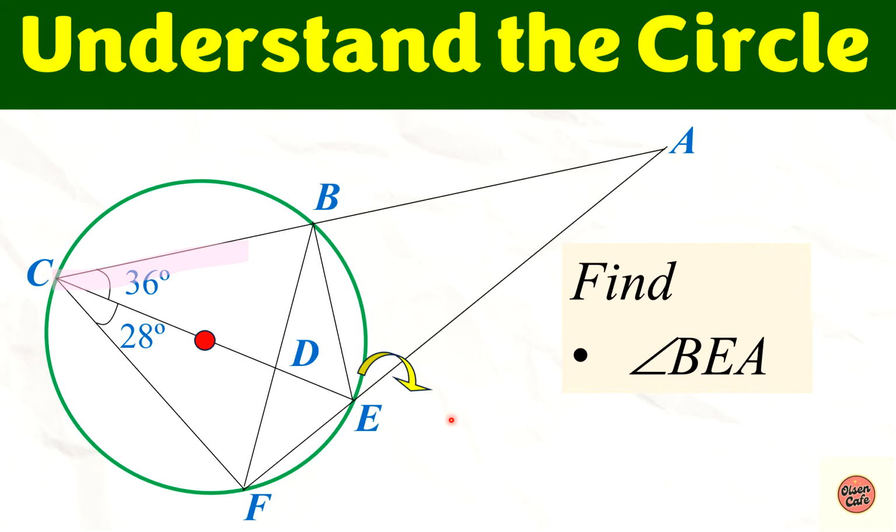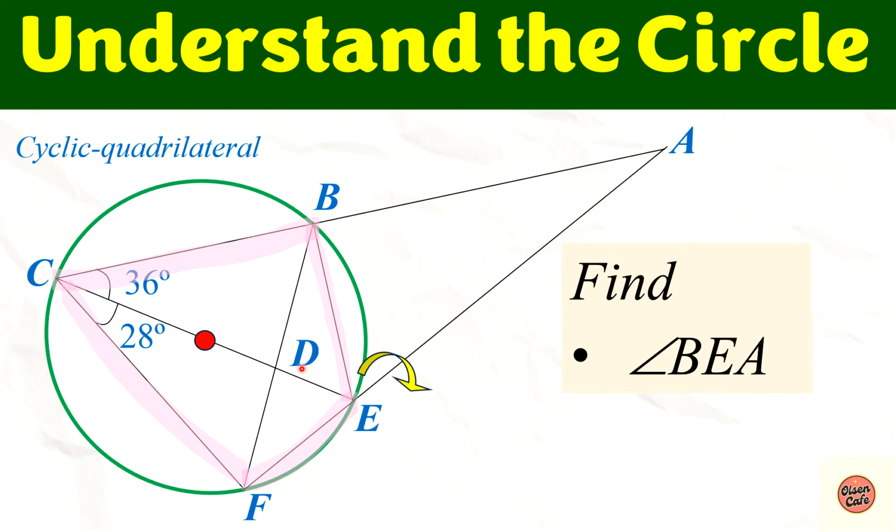If you can recall, a cyclic quadrilateral simply means a quadrilateral that has four vertices touching the circumference of a circle, like in this case. Therefore, angle BEA is known as the exterior angle of a cyclic quadrilateral. This exterior angle is the same as the interior opposite angle, which is this angle here.